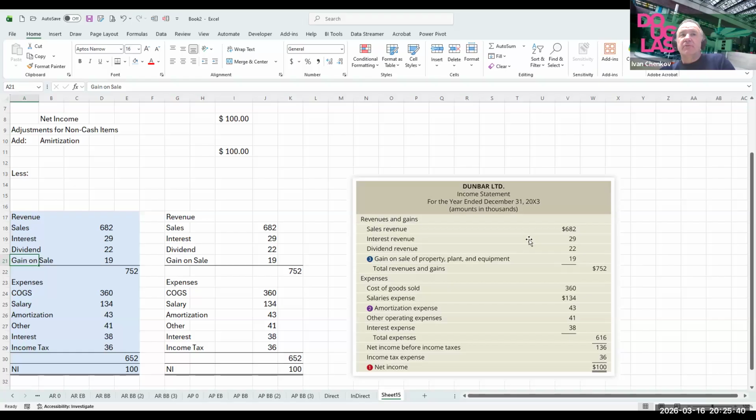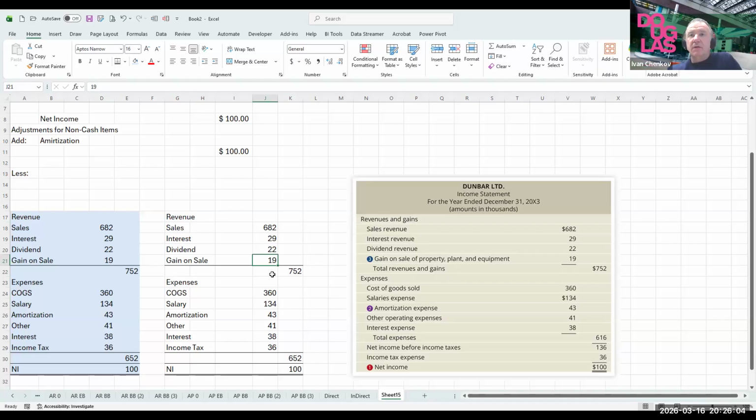is the cash involved? No. So, what's going to happen since this is the gain on sale, which affects my income, correct? Revenue and gain affect my income at the bottom line. What's going to happen if I eliminate the gain and bring it down to zero? What's going to happen with income?